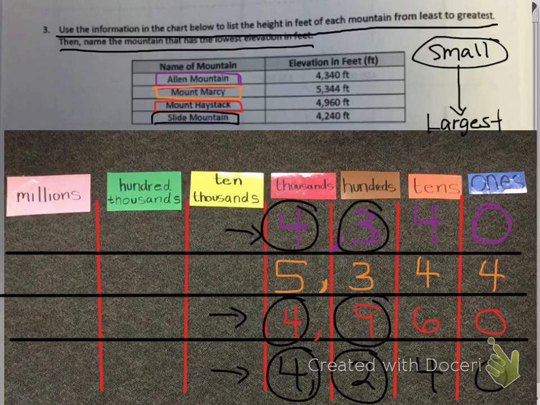It looks like this one right here is the smallest. So I'm going to put this as number 1. I'm going to put a little box around it. Actually, let me put it a little bit further this way. All right, so this is number 1.